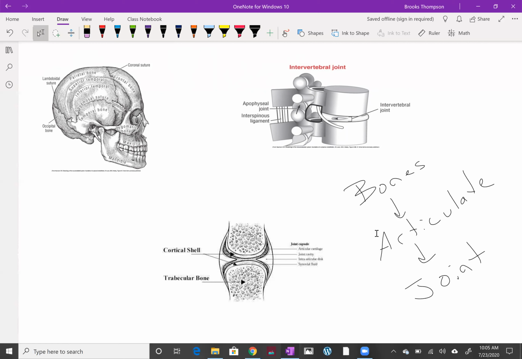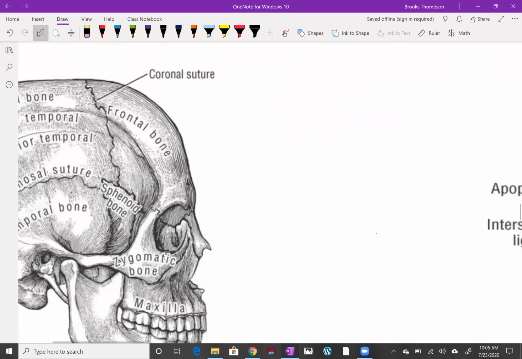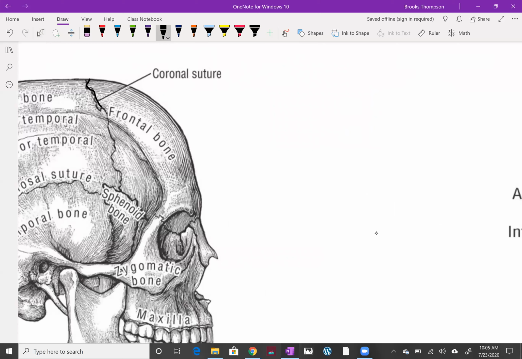So first, let's look at the skull. You have the synarthrosis right here. What makes these joints exist is the fact that they are fused together with sutures.